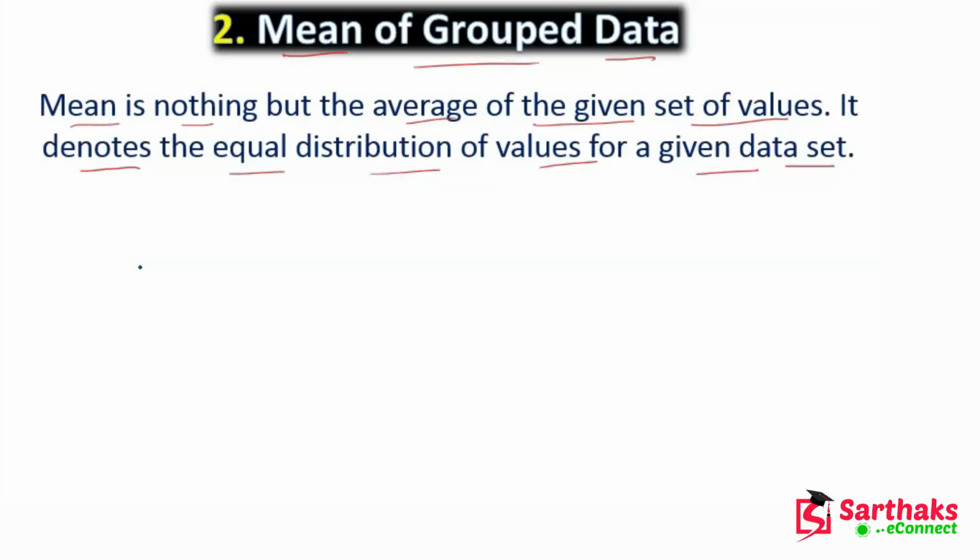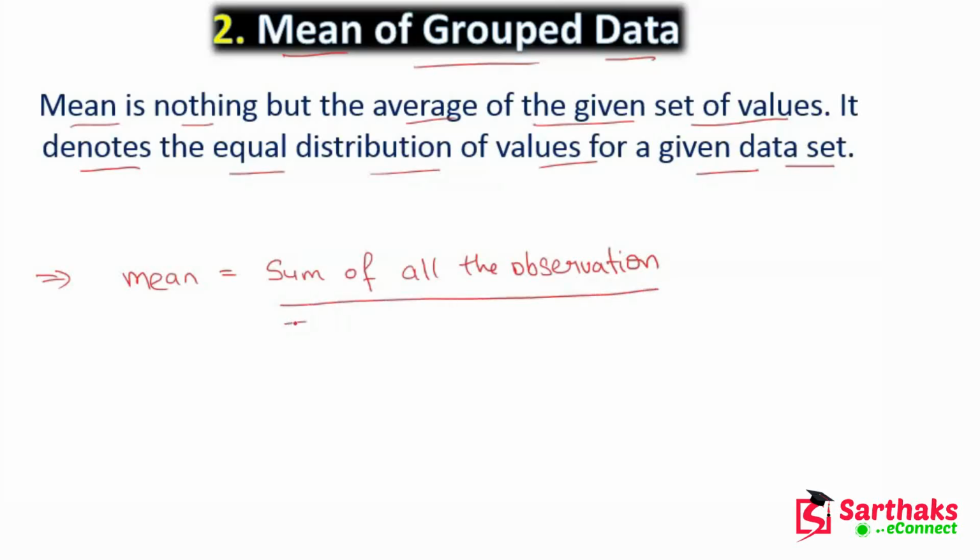So we can write mean is equal to sum of all the observations divided by total number of observations.